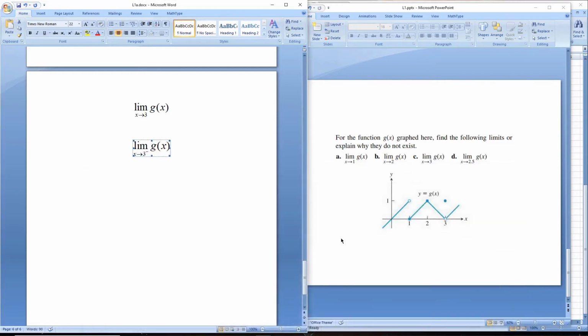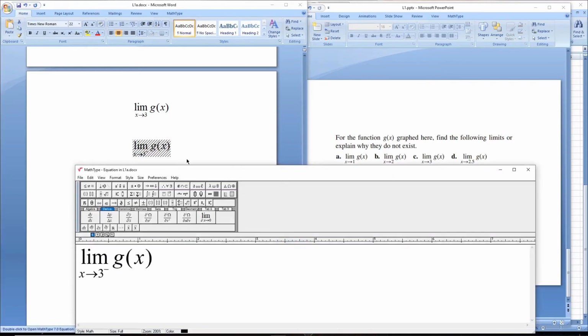And let's look at the graph and see what this equals. So 3 is our point of interest, and we're approaching from the left. So imagine you're walking along the function. As you get closer and closer to an input of 3, you would find yourself at a height of 0. And that's the limit.